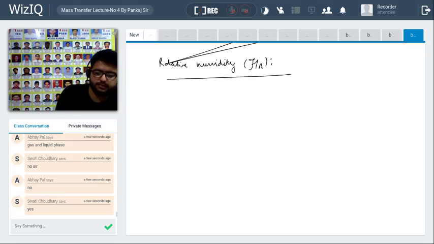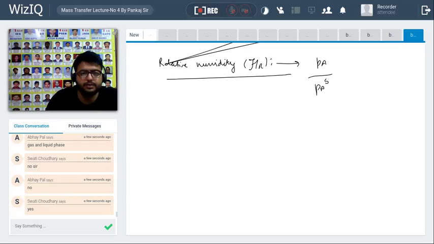HR. It is the ratio of partial pressure of vapor to the vapor pressure of the liquid at the gas temperature. Ratio of partial pressure of the vapor to the vapor pressure of the liquid at gas temperature.